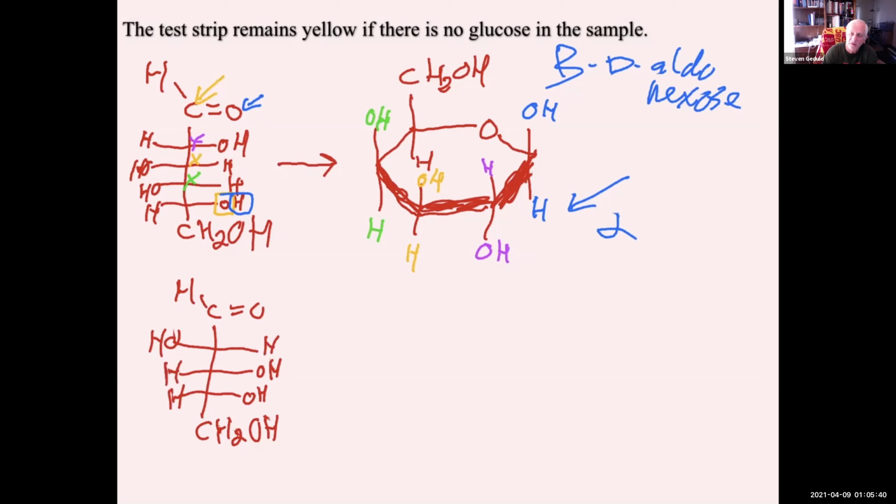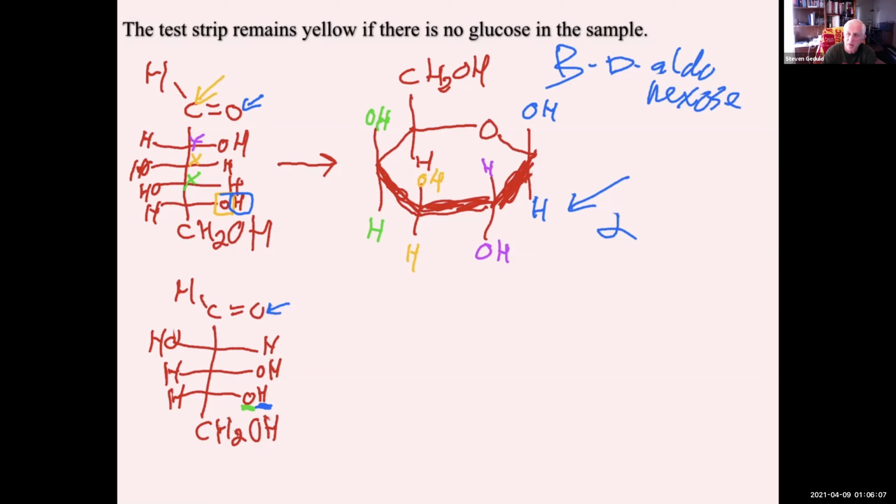So it's going to be a 5-member ring because oxygen is one of them. Remember, this oxygen right there is going to become part of the ring. And the hydrogen next to it is going to bond to the oxygen of the carbonyl group. You get an OH group.